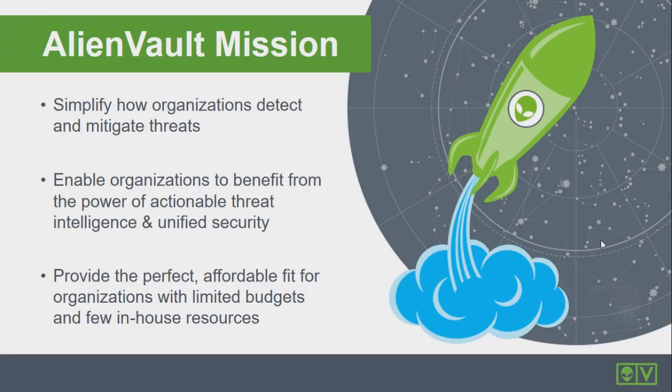AlienVault has three main missions. First of all, simplify how organizations detect and mitigate threats. Second, AlienVault gives you tools: you can use a threat intelligence platform and unified security functionalities, and I will describe it a little bit further.